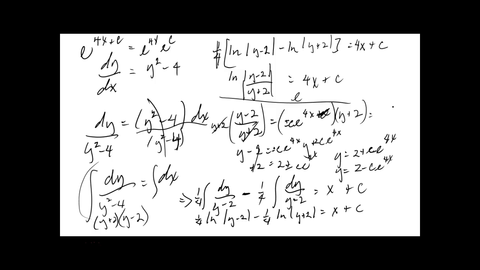And it's hard to justify why they did, but here's what you get. Y times c e to the 4x. I think you have to have a plus or minus in there, but we'll come back to this. Plus 2c e to the 4x.